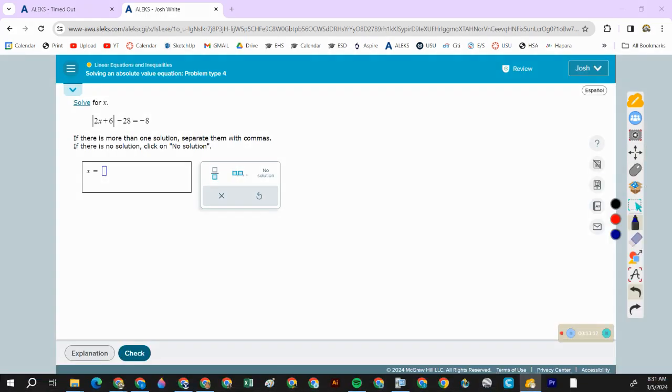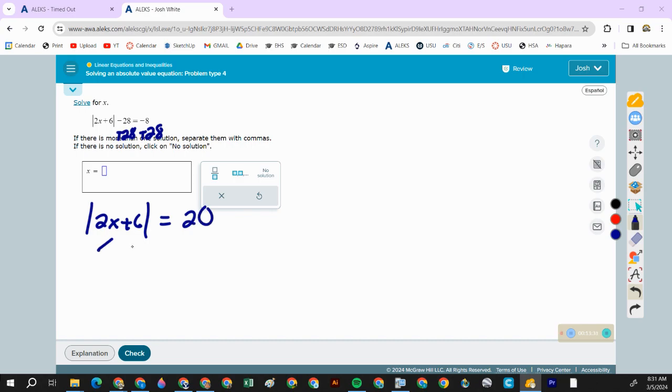All right, here, same idea. We just need to make sure that the absolute value is all by itself before we split. So I need to add 28. And we get the absolute value of 2x plus 6 is equal to 20.